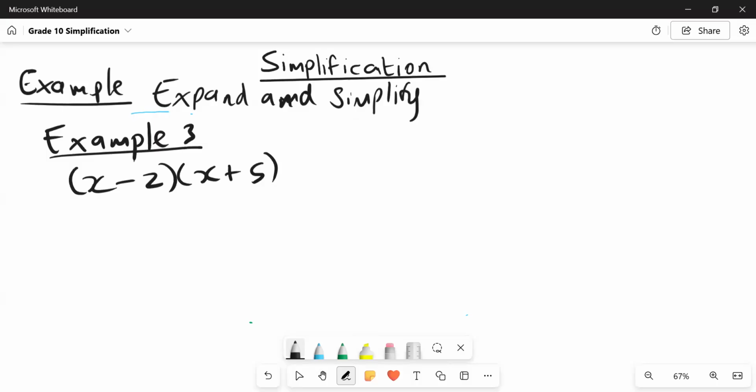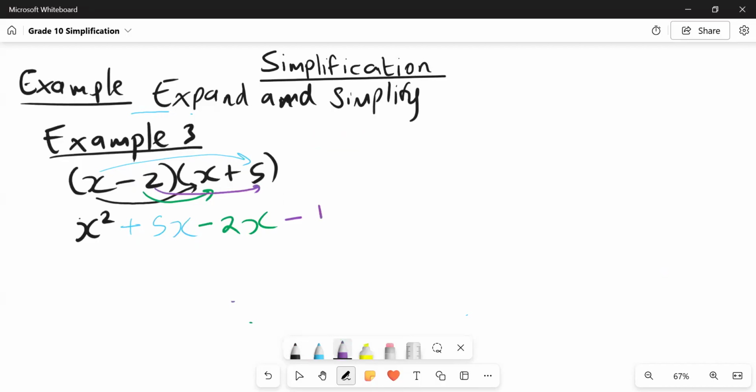It's the same idea. You multiply x and x, we get x squared. You multiply x and 5, you get your 5x. And then you multiply your minus 2 with x, you get your minus 2x. And then you multiply the last ones. You multiply the last one, negative 2 times 5, you get your minus 10.